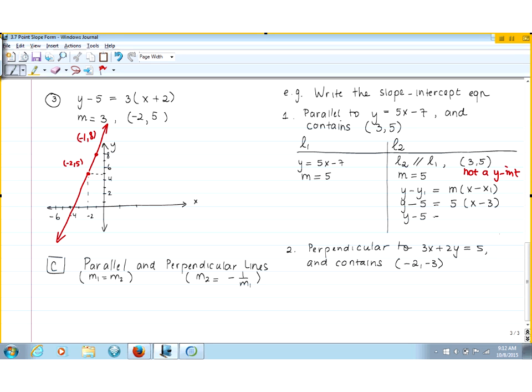So y minus 5 is equal to 5x minus 15. Then what do I do? How do we solve for y? You add 5 to both sides. Yes, you're right. So y is equal to 5x minus 10. Done.